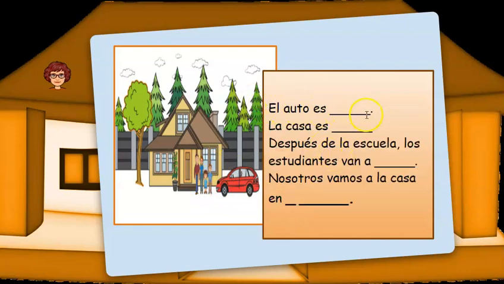El auto es, and then you describe it. La casa es. Después de la escuela, los estudiantes van a. Nosotros vamos a la casa en. And then what article and what noun will you use here?